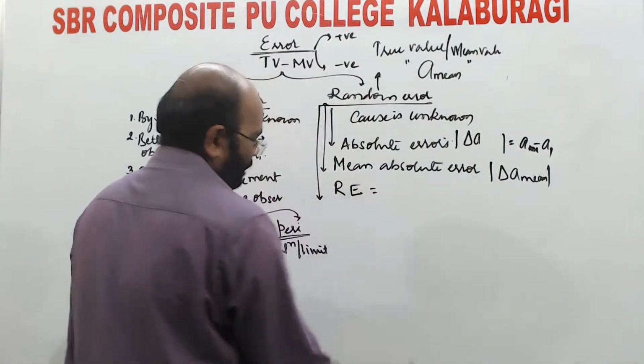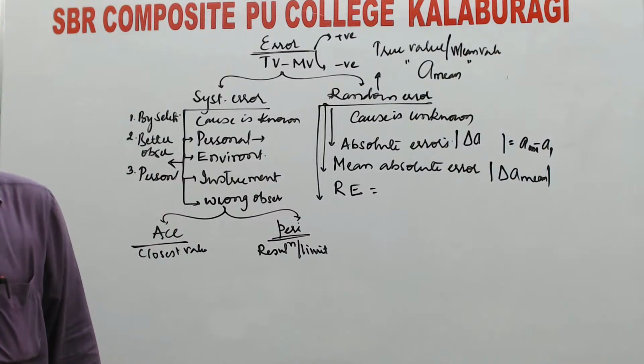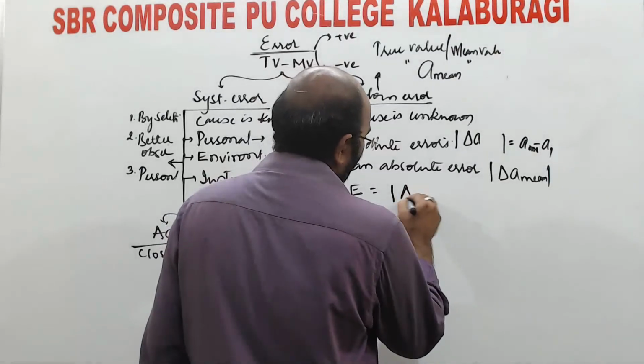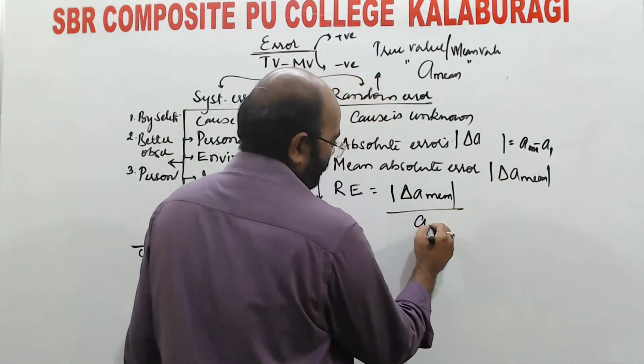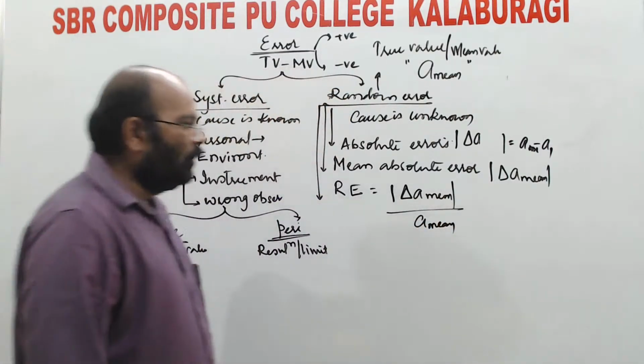Relative error is defined as delta A mean divided by the mean value or true value.